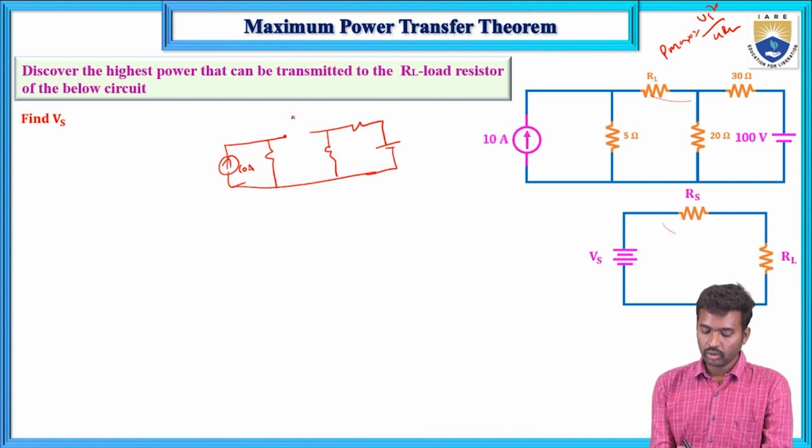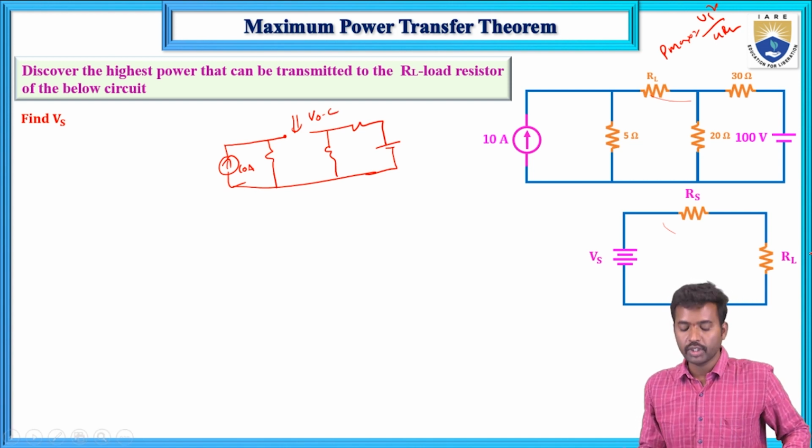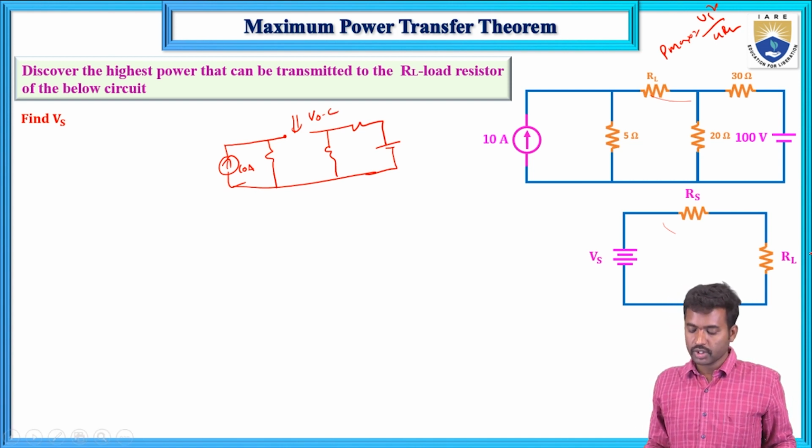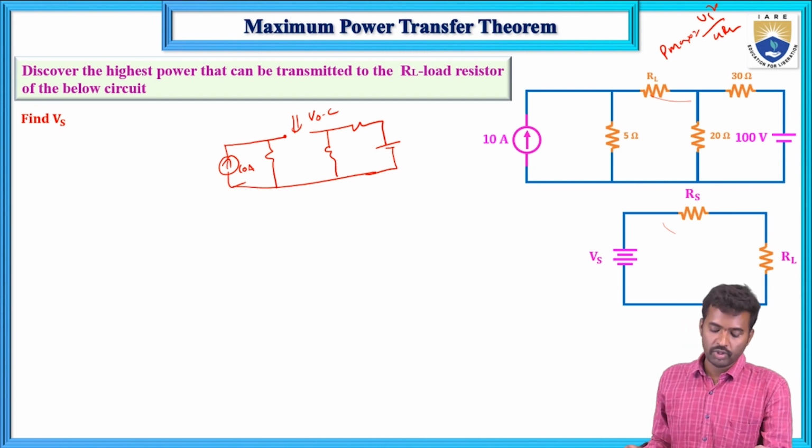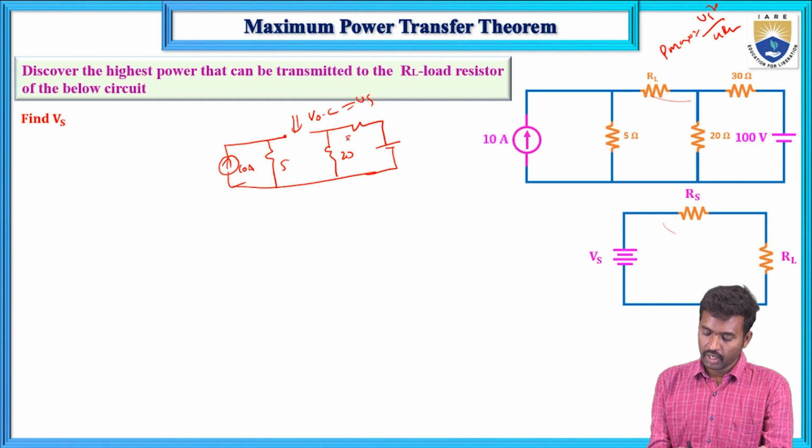Now remove this load resistance and calculate the open circuit voltage. That open circuit voltage is known as VOC, that means Vs. This is 10 amp, 5, 20 and 30 ohms and 100 volts.